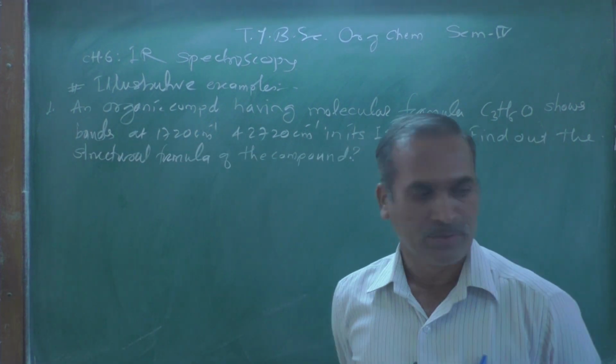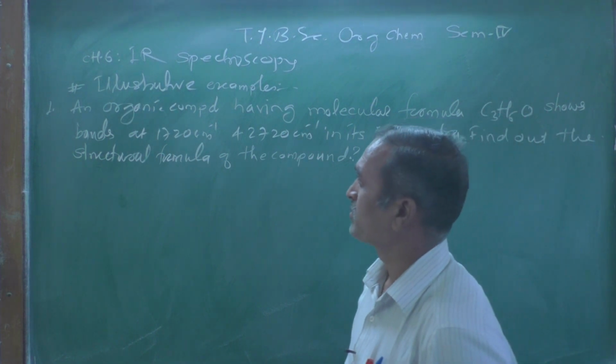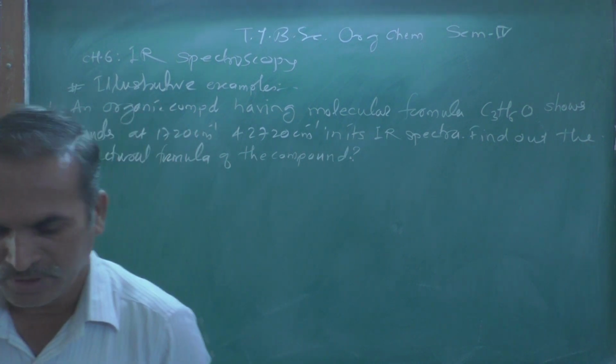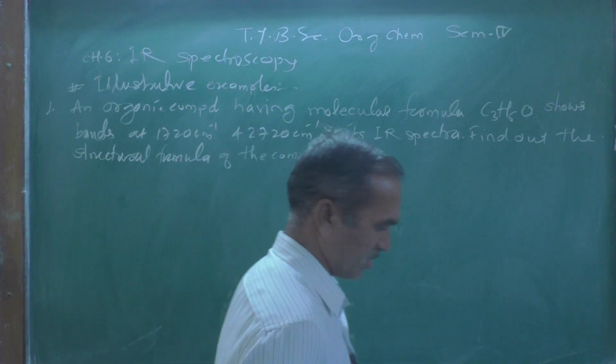Now, if you read the question carefully, what do you observe over here? An organic compound having molecular formula C3H6O shows IR bands particularly at 1720 per centimeter and 2720 per centimeter in its IR spectra. Find out the structural formula of the compound.